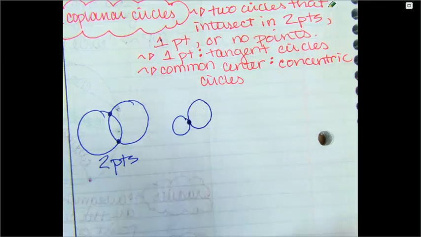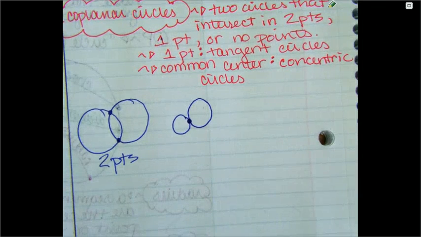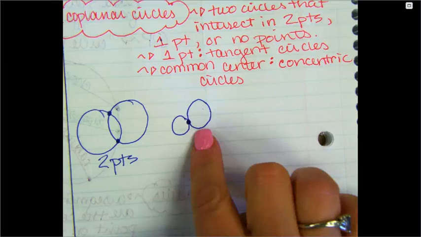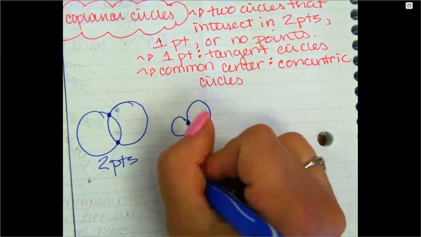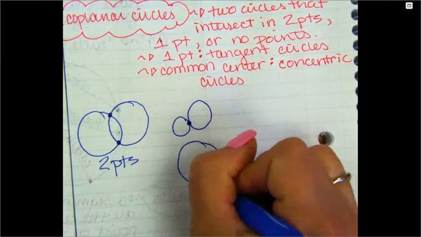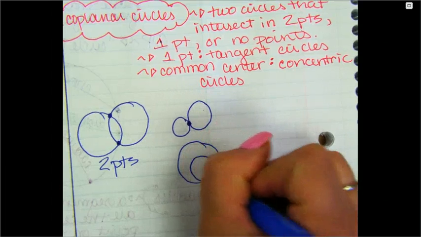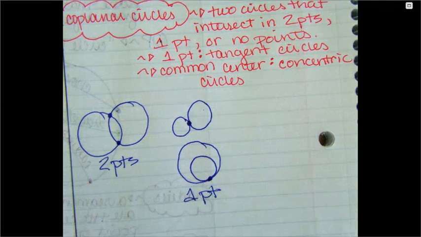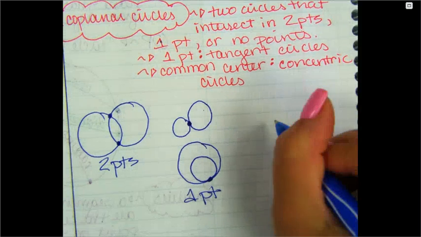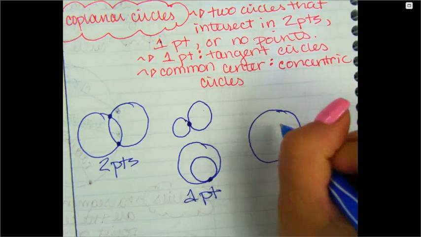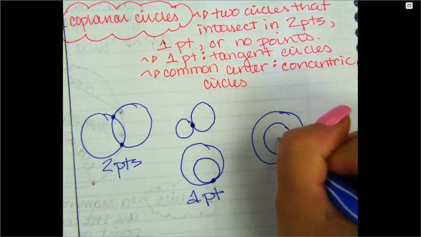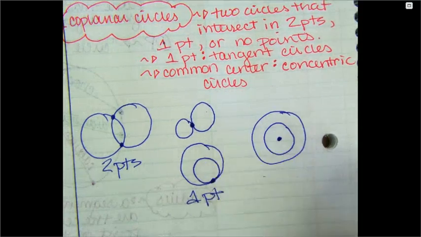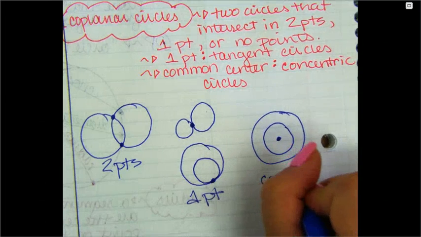There's your tangent circles, because they're touching at 1 point. These are your tangent circles. Do you understand? The next one looks like this. There's your 1 point. Concentric is where you have the same center, and they're not touching.